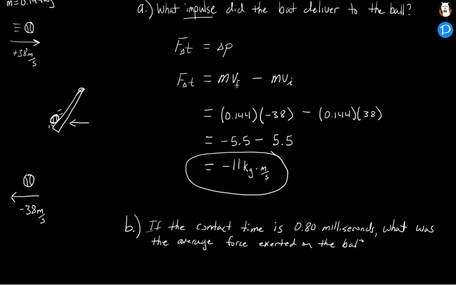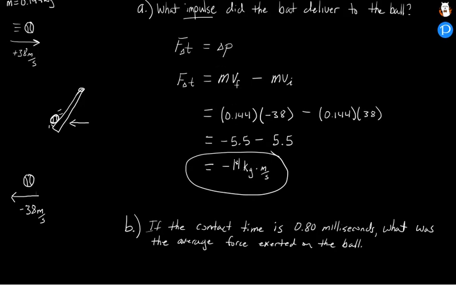Well, before we move down, if we know that it's during this time, 0.8 milliseconds, what's the force then that the bat is putting on the ball? Well, for the impulse momentum theorem, force times time is equal to the change in momentum.